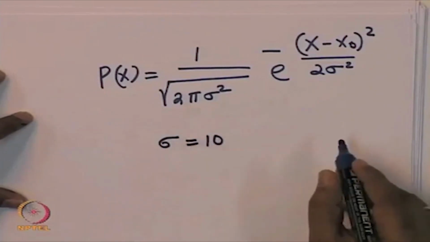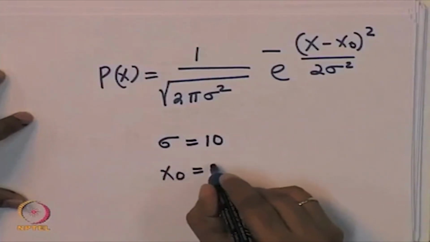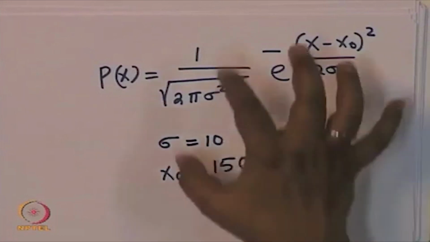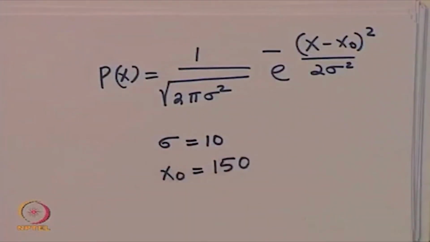So, sigma square is 100, and let me take x 0 equal to 150. Just some two values, and plotting this particular function by taking these two values, you get what we had plotted earlier.